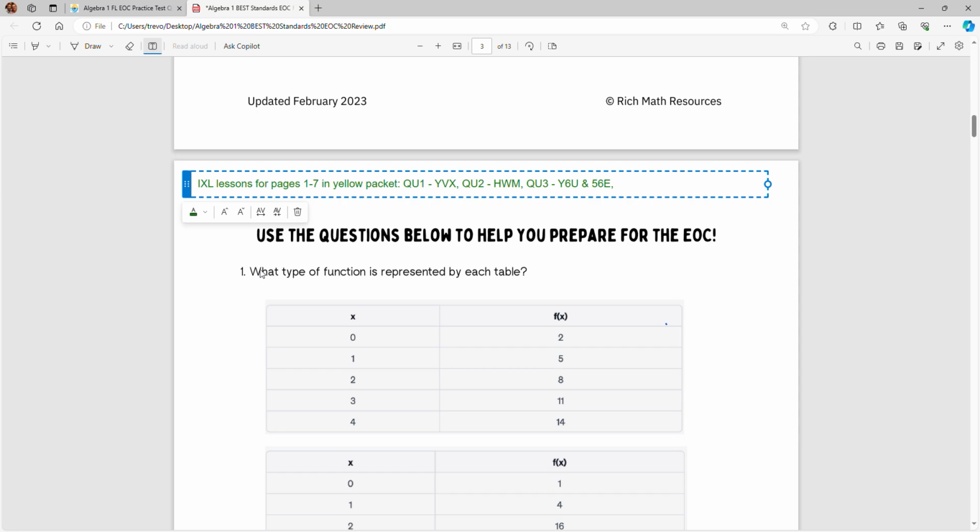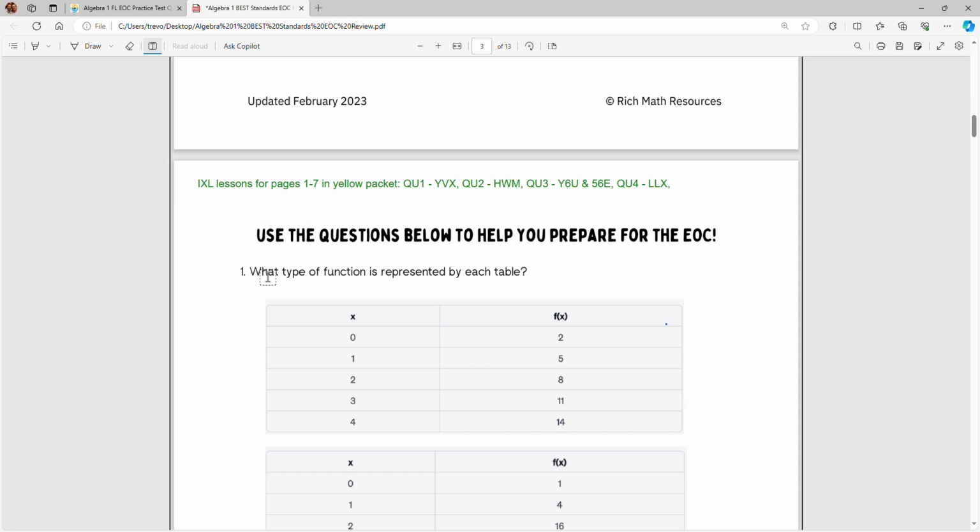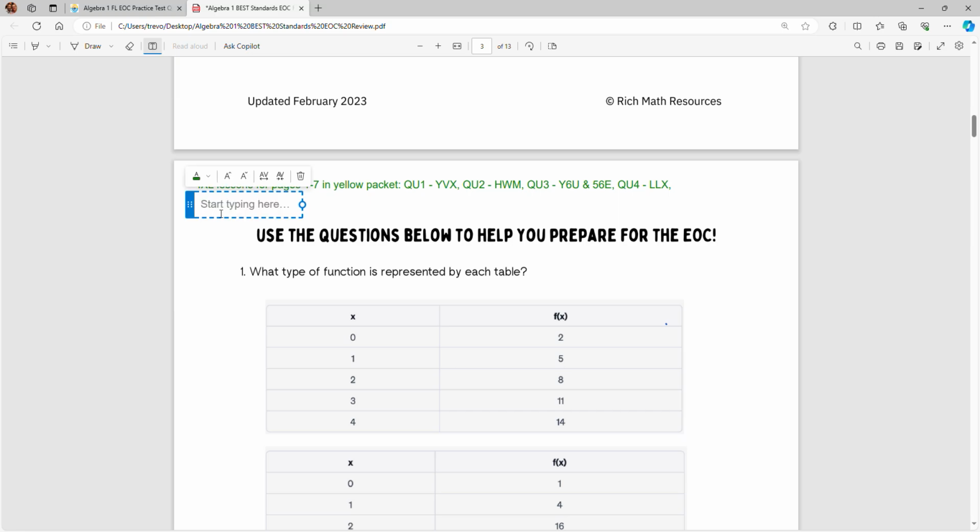Page 2. Question 4. I picked lesson LLX in IXL. Remember, to get your IXL lessons to work, you have to already be logged in to Clever. Question 5, lesson 39V.